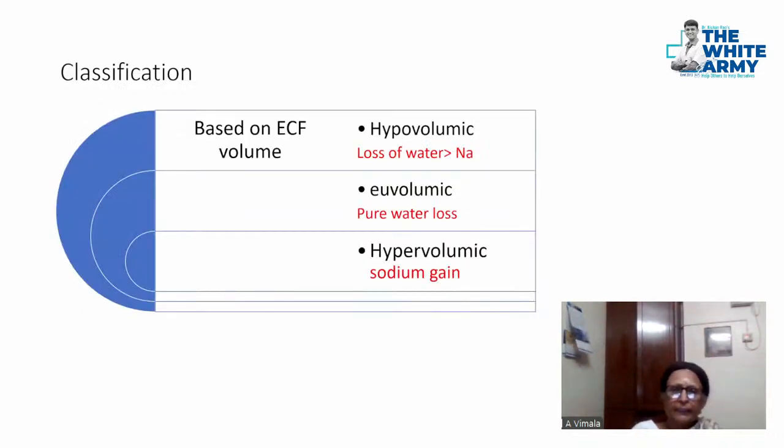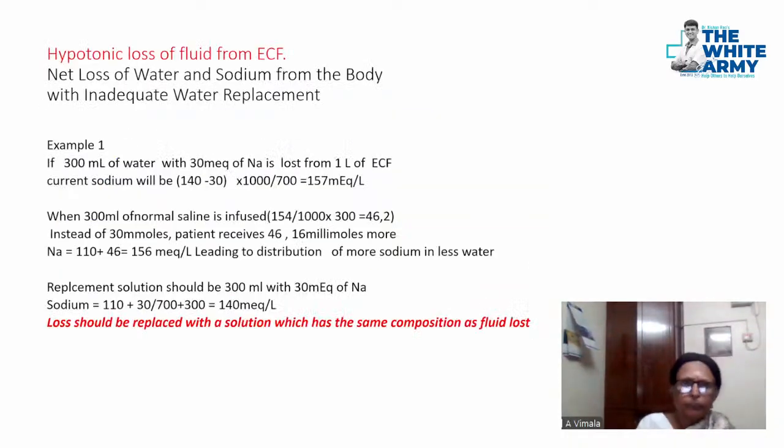So based on the ECF volume, hypernatremia, just like hyponatremia, can also be classified into hypovolemic, where the loss of water is less than sodium, euvolemic when there is only a pure water loss, and hypervolemic when there is a sodium gain.